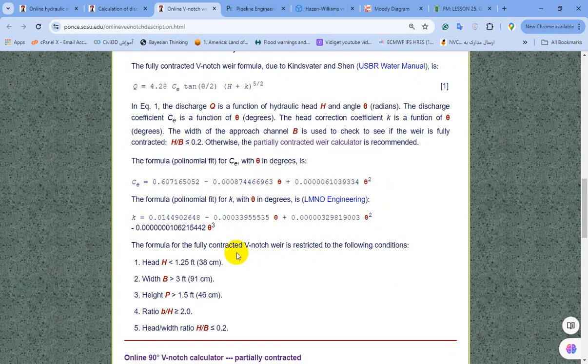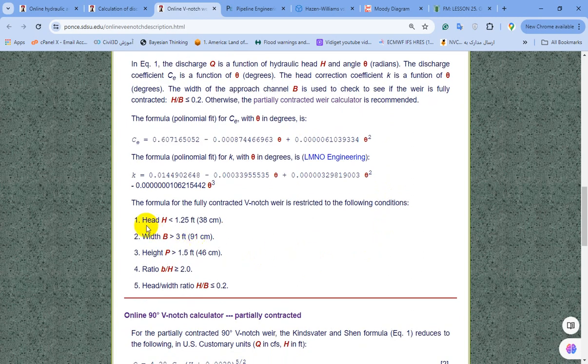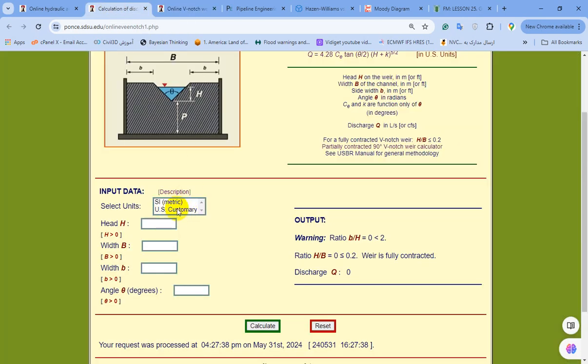For using this, there are some limitations, such as the head or edge must be lower than 38 centimeter, the width must be larger than this parameter, and the ratios of B per H and H per B must be higher than 2 and lower than 0.2 respectively.